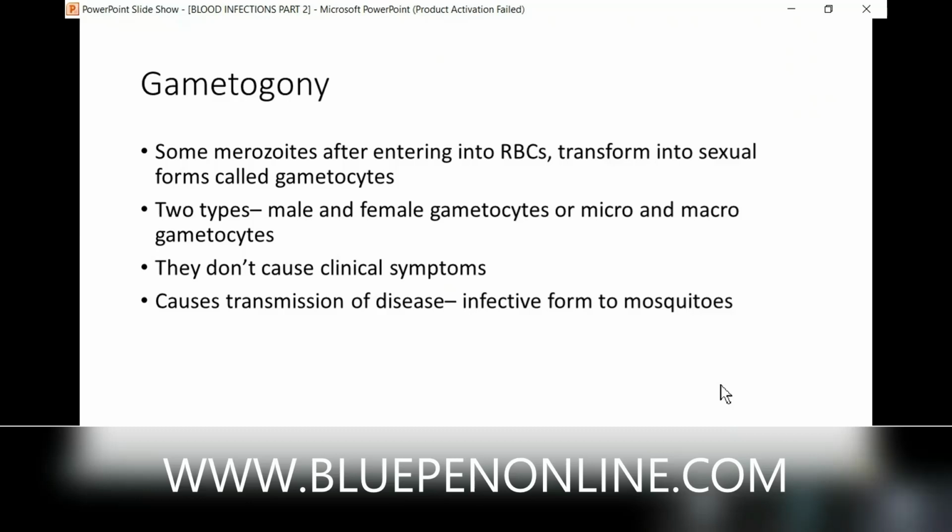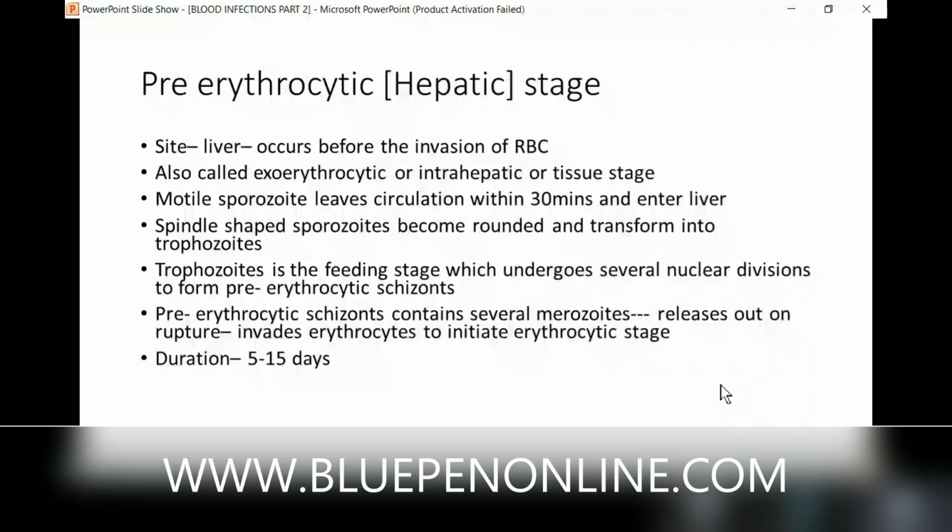The trophozoites form the pre-erythrocytic schizonts, and these contain the merozoites. The merozoites are the ones which get released into the blood circulation and form the erythrocytic stage. These merozoites, released on rupture, invade the erythrocytes to initiate the erythrocytic stage.